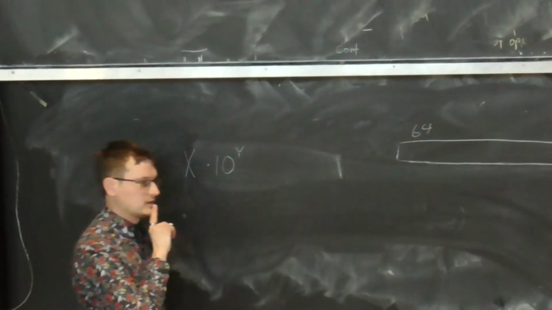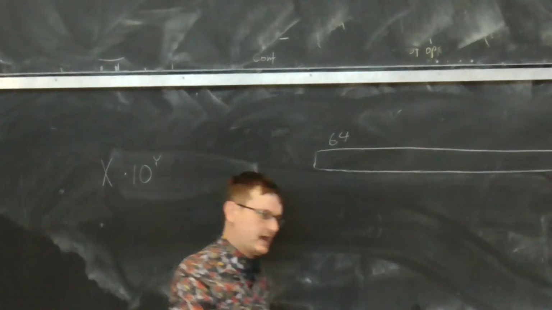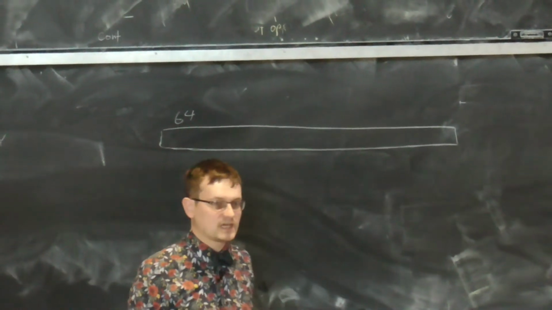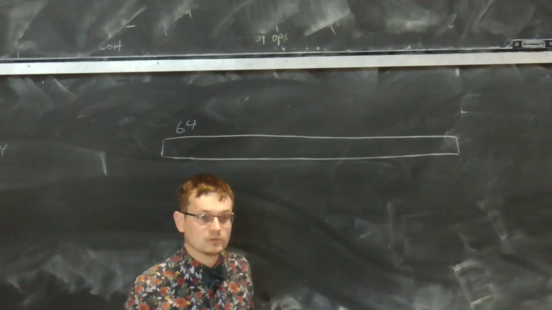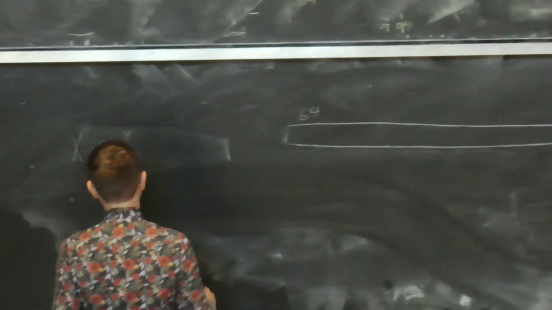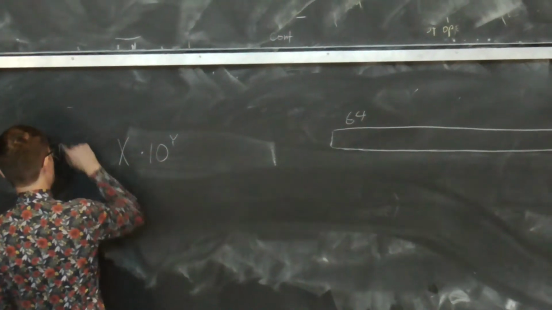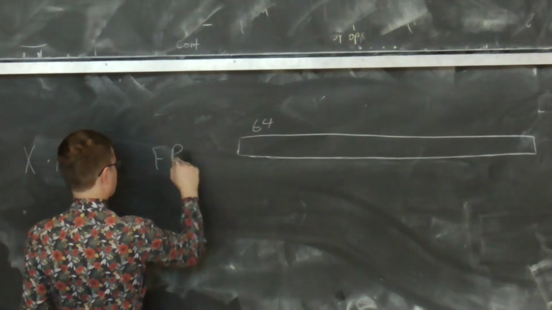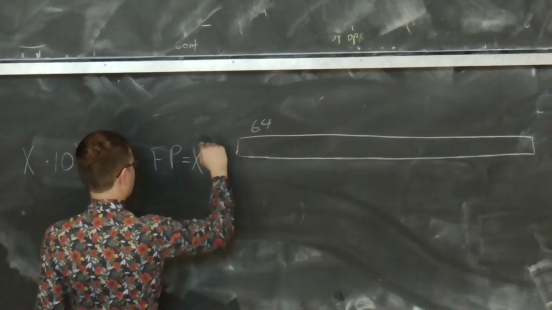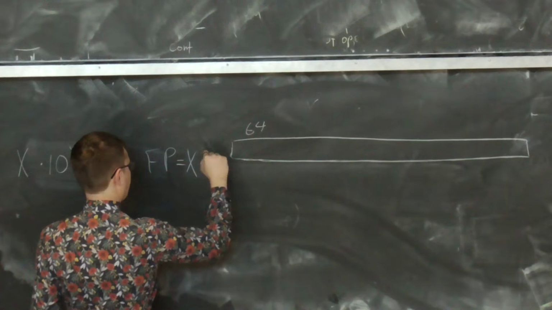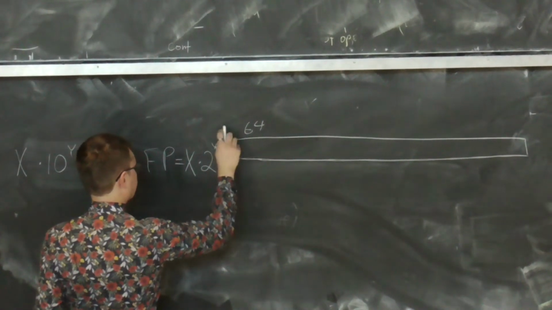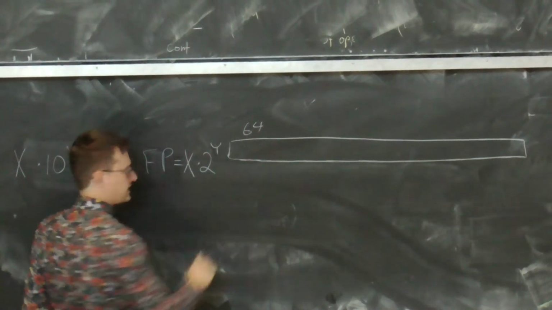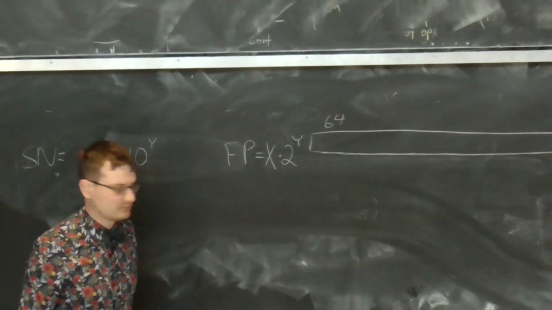This is not quite how things work in computers because everything's base 2. So whereas that's scientific notation, floating point representations are some number x multiplied by 2 to the power of y, because everything is binary.